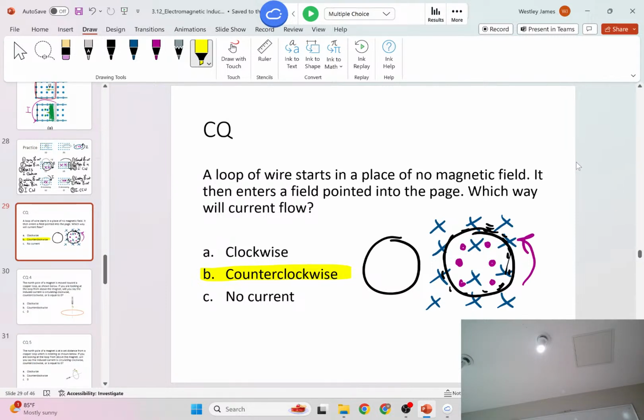I mean, you could try to make a big list of it. I could have this loop rotating, in which case I get less field lines going into it. I could have the field increasing, I could have the field decreasing. Yeah, so I don't know if that answers it. Unfortunately, you can try to make a big list, but you'd have to consider magnetic field lines going in, magnetic field lines going out, and then you'd have to do every single possibility.